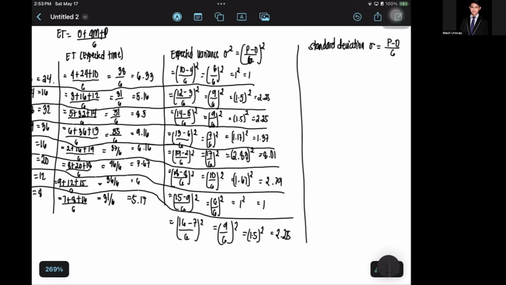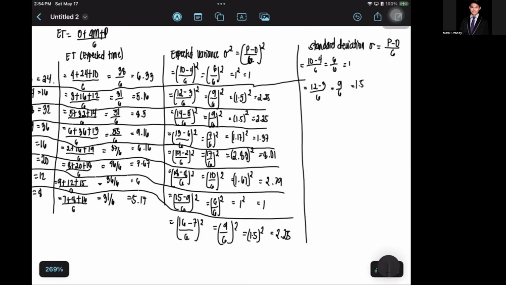So what will happen? It is indeed 10 minus 4 over 6. Then it will become 6 divided by 6, which is 1. That's how you will do it. Then 12 minus 3 over 6 is 9 over 6, equals 1.5.